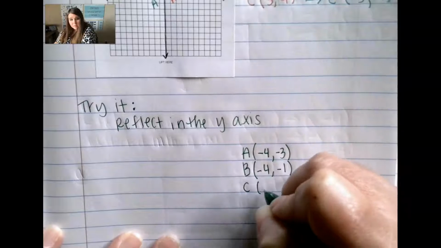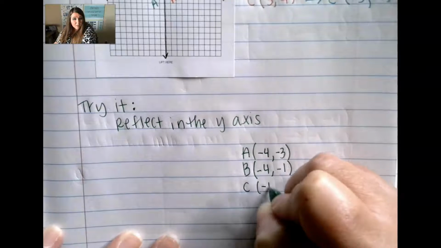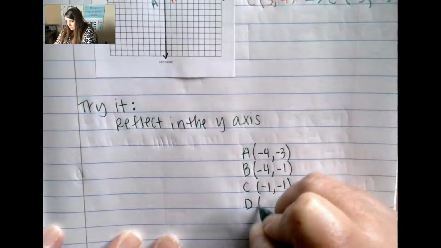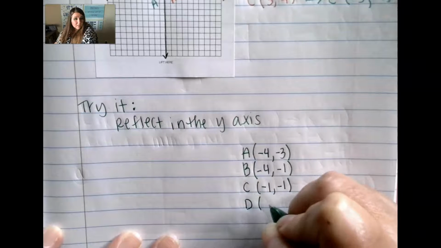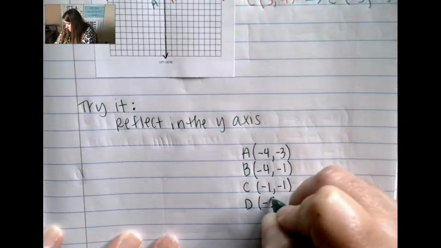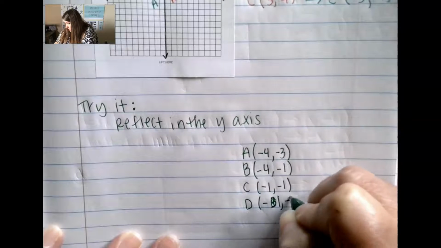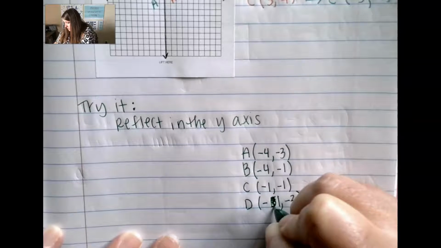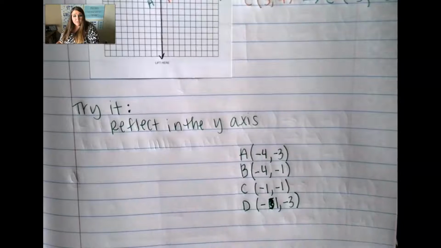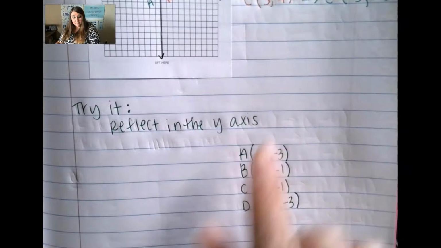C is -1, -1. And D is -3. Oops, nope. -1, -3. So -1, -3. Okay, so your job is to reflect this over the y.